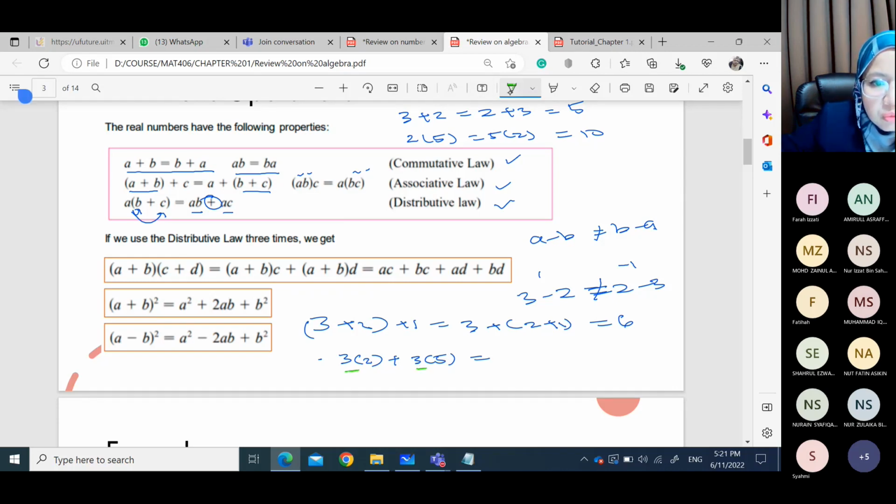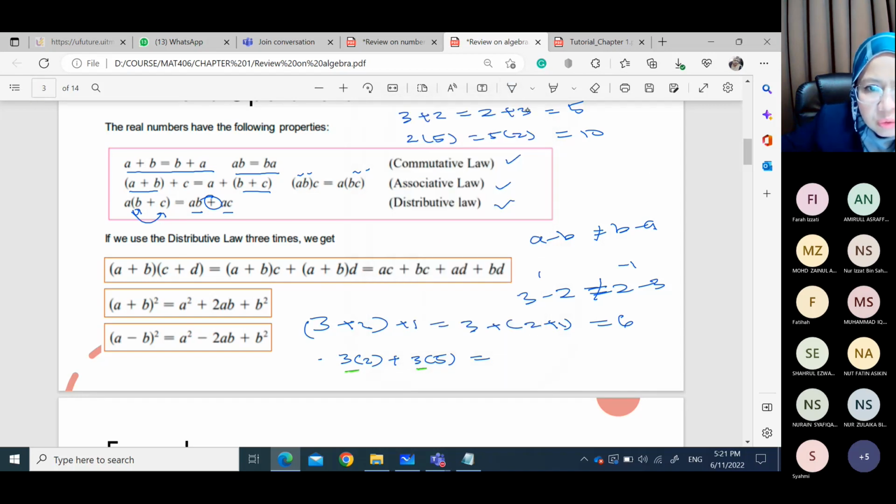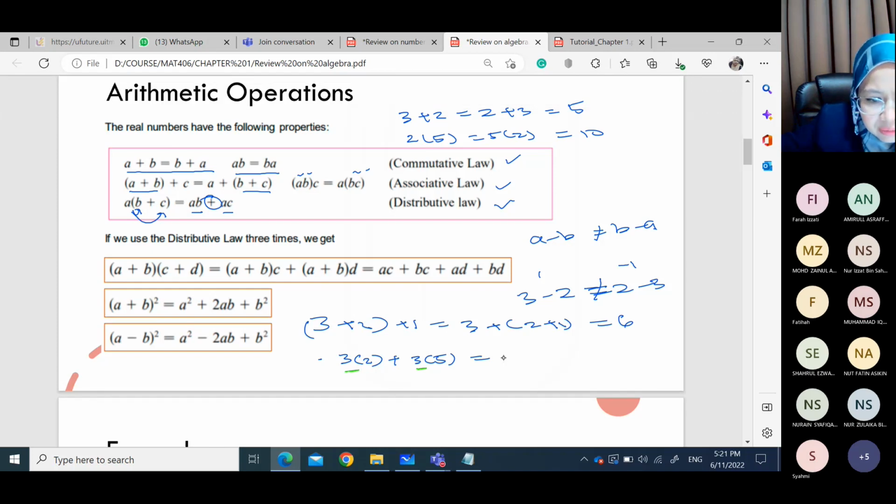So 3 tu you boleh bawa keluar. So dia akan jadi 3 dalam bracket tu 2 tambah 5. Okay, so you akan dapat nilai yang sama, which is berapa? 21, tu tak? 21.